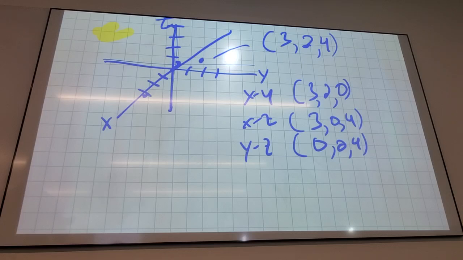Okay. So 1, 2, 3, and then over 1, 2, and then up 1, 2, 3, 4. So it really should be more over here. I was right in the first place.